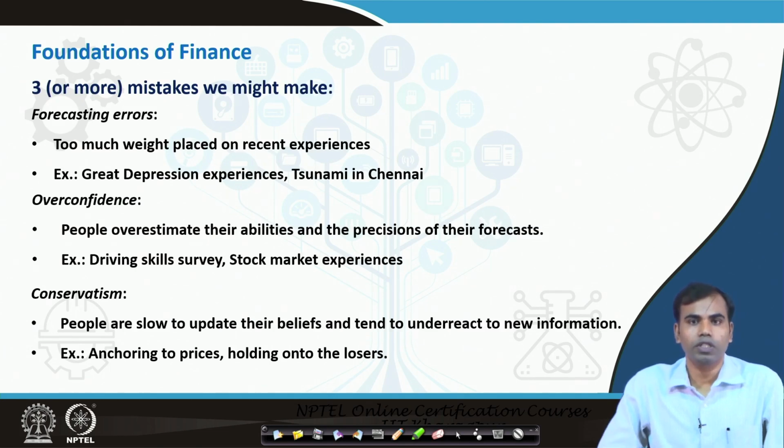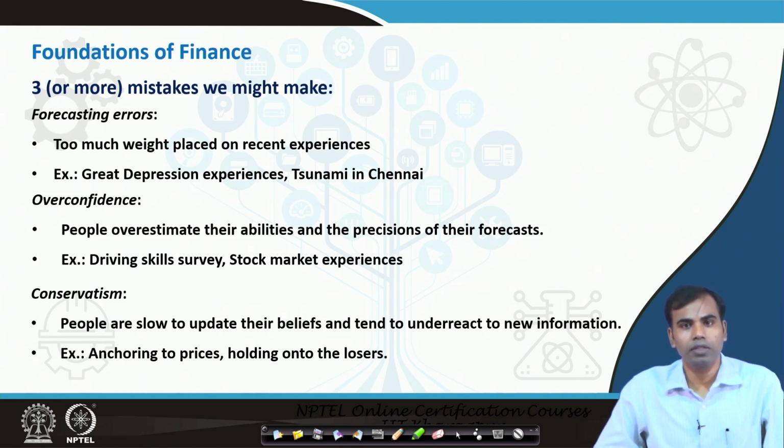So, if we try to summarize some major mistakes that we as individuals might be making, I have highlighted three major systematic errors. The first one is explained by certain recent events. For example, if you recall, in India we had a tsunami a few years back, and after the tsunami a lot of people living in those regions started buying insurance policies.